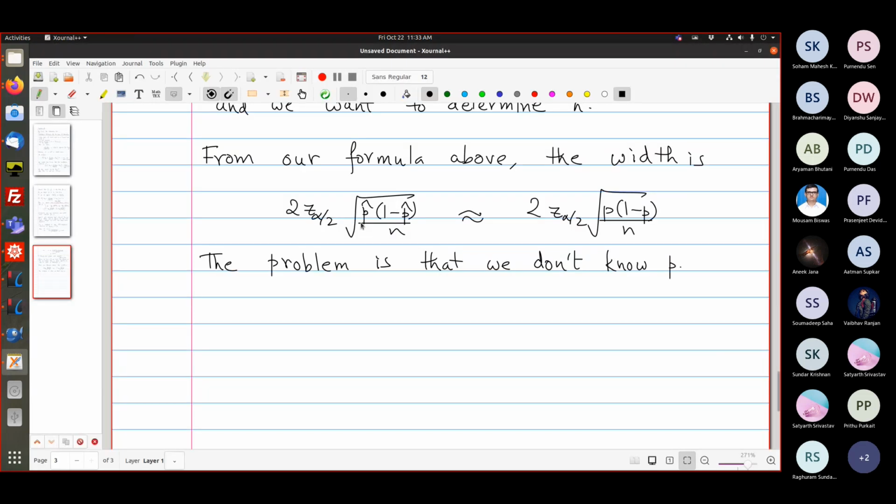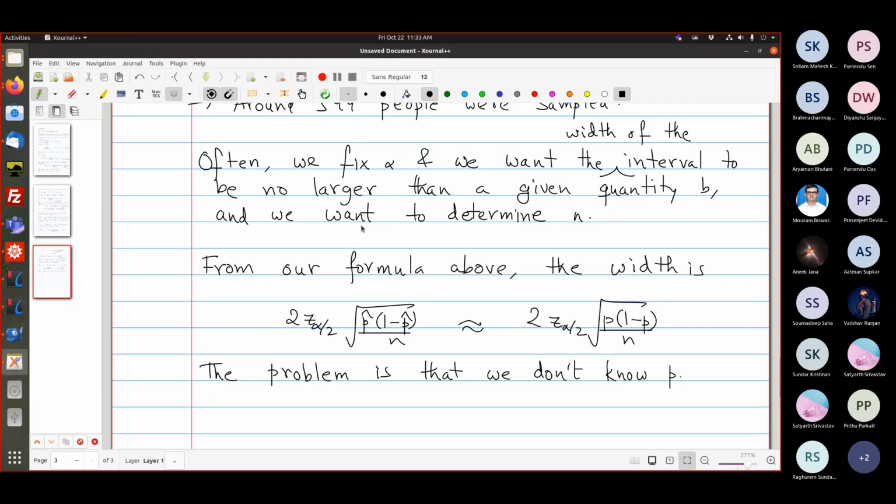You don't know p hat because this sampling company has not yet conducted the survey. They want to know n. They only have alpha and they want this width to be no longer than b. So they have this equal to b roughly. But we don't know p, and both p and n are unknown.